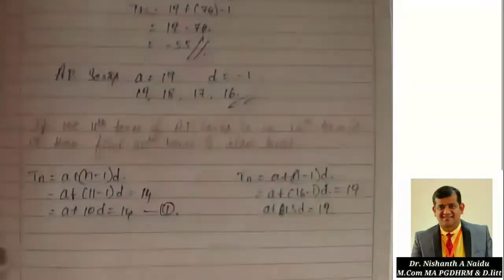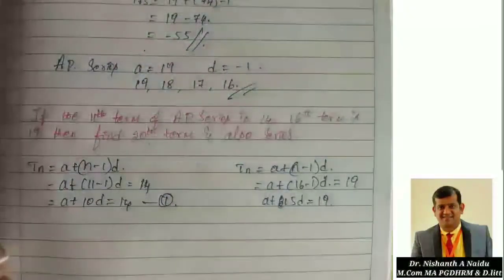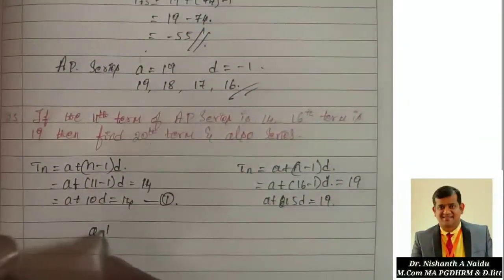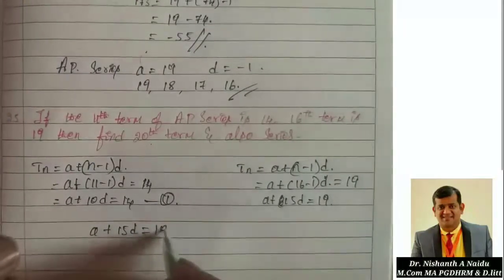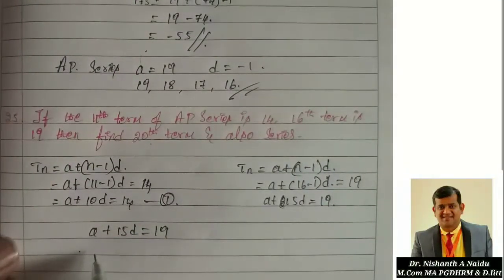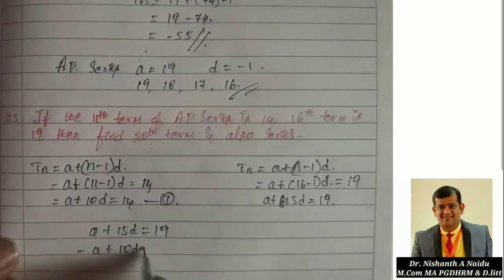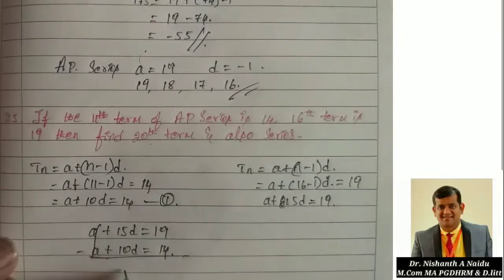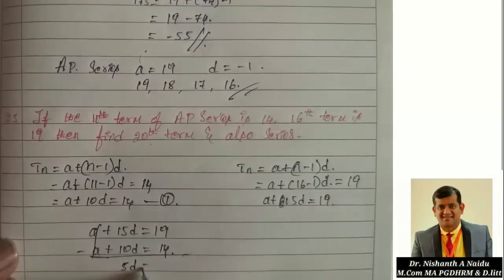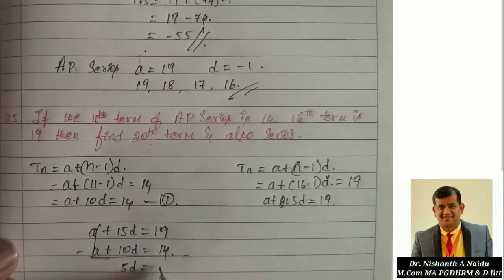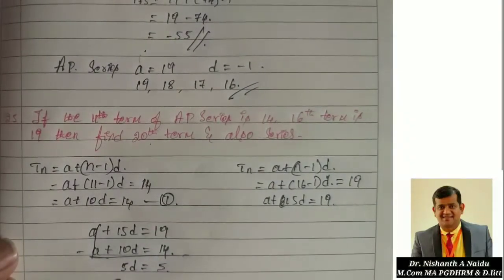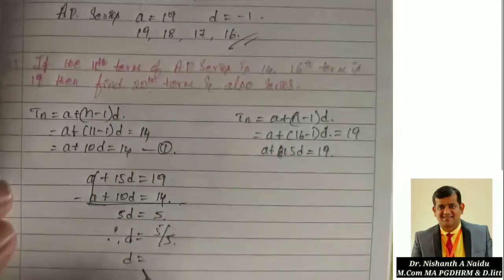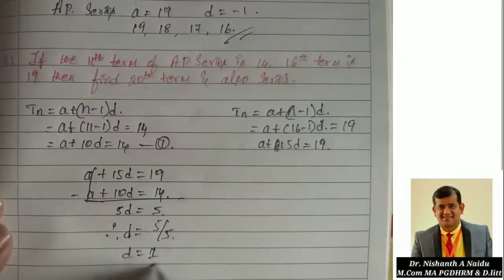Now subtracting the first equation from the second: a plus 15d equals 19, minus a plus 10d equals 14. Now a gets cancelled. 15 minus 10 is 5d equals 19 minus 14 is 5. Therefore d equals 5 divided by 5, so d equals 1.